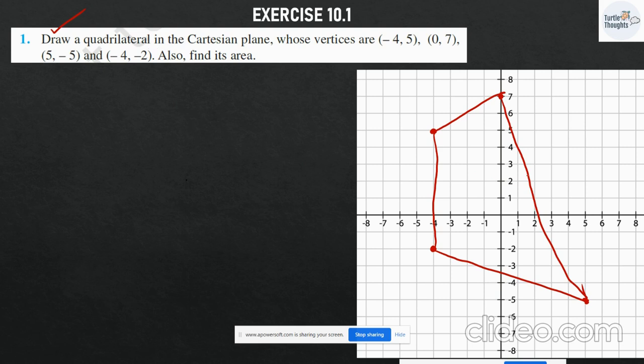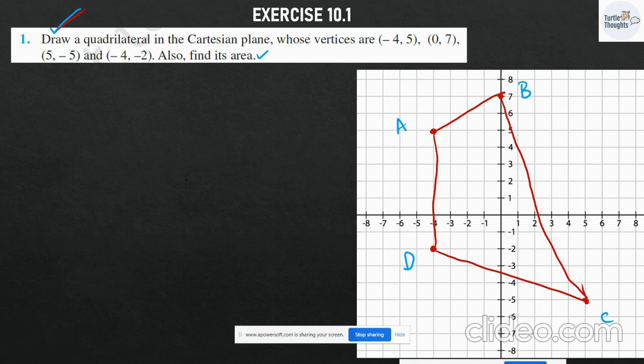Draw a quadrilateral. We have drawn a quadrilateral, right? Now let us name the quadrilateral A, B, C and D. So the first part of the question is done, right? What is the second part? The second part is find the area, right?